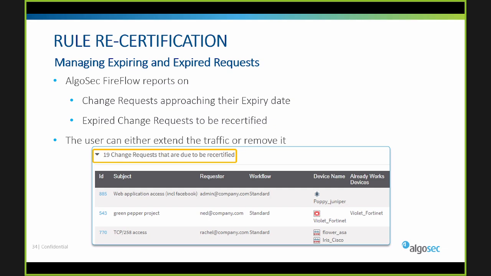I never really found out if it was due to data protection regulations in Germany. Maybe the guys from BWI know, or it's just something that company had as policy. But every year they had to look at the change requests and see if the traffic was still needed or not.